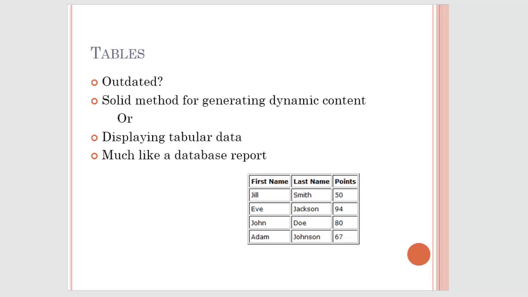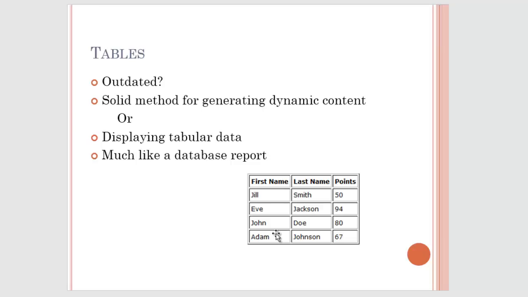All right, so the next and last part of the tour is talking about tables. So tables are just a way to display data. It kind of looks like what you would imagine an Excel spreadsheet or a database report looks like, where you've got clear cells with borders, right? There's rows, there's columns.